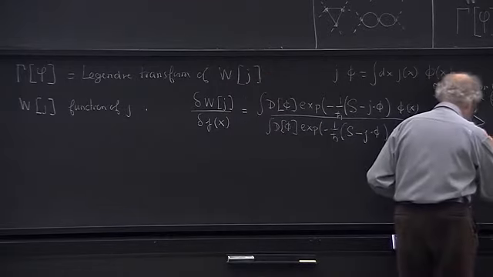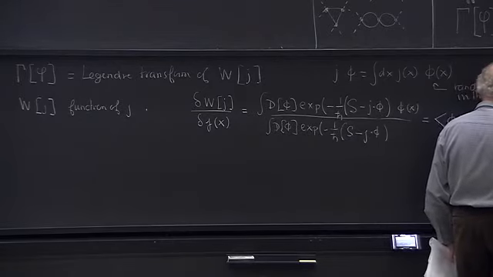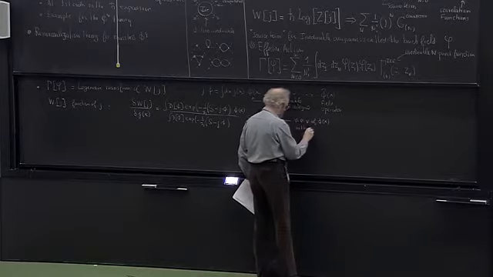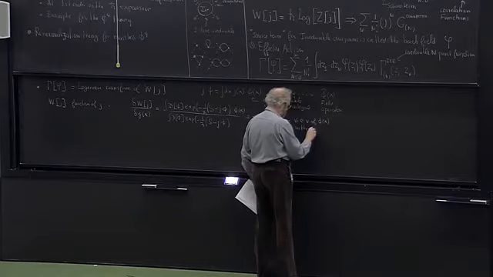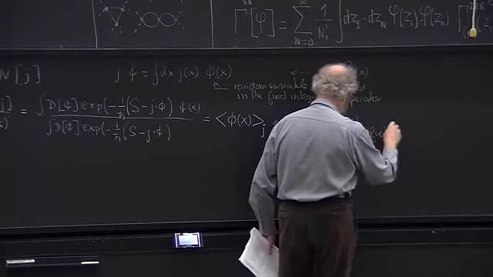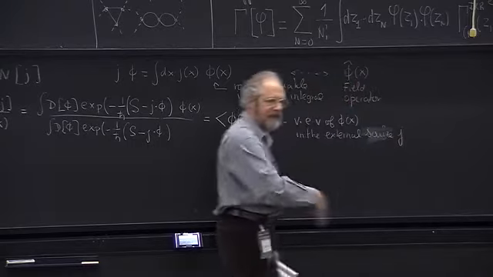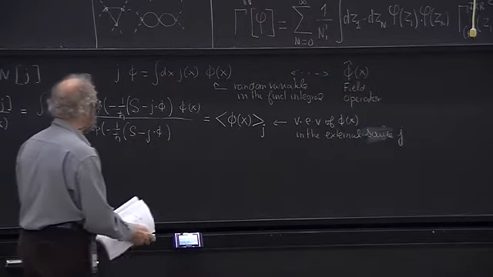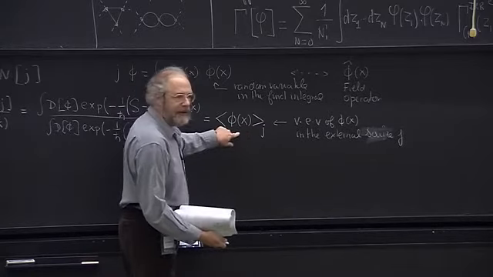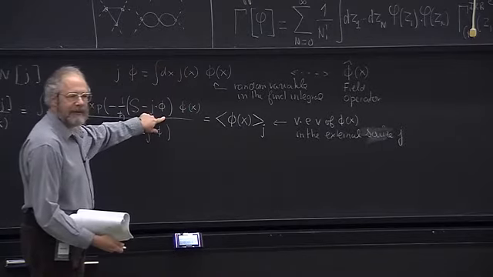So let me denote this by a subscript G. This means just the vacuum expectation value of phi of x in the external field or source G. So G is not set to 0. The only difference from the vacuum when G is set to 0 is that we are in a different vacuum of the theory, the vacuum of the theory defined with this action.